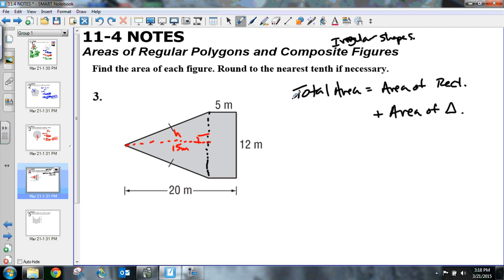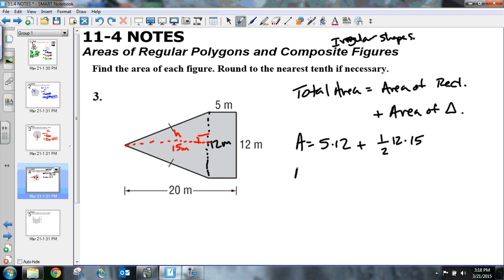So let's calculate our area. The area of the rectangle is 5 times 12, base times height, plus the area of my triangle, which is 1/2 times the base. Now my base length is 12 meters. That's that length here, same length over here. So I take 12 times 15.